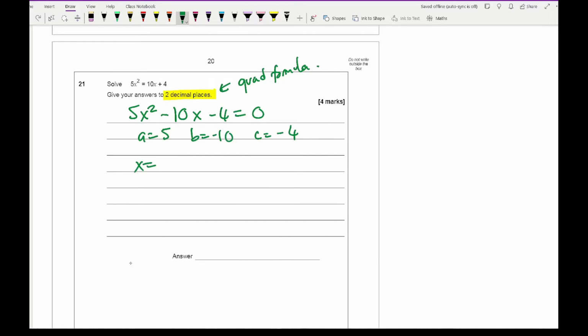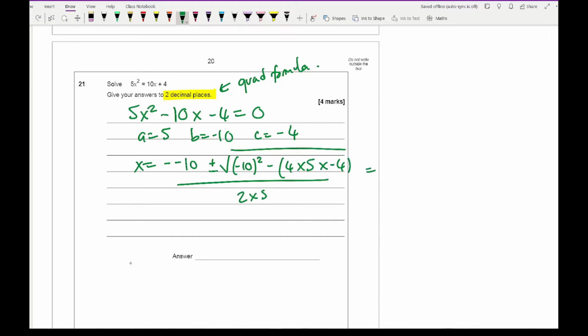So x is going to equal, and then substitute it in, I get minus minus 10 plus minus the square root of minus 10 squared minus 4 times 5 times minus 4, all over 2 times 5. Now personally I would simplify that first. So here we've got 2 minuses make a plus, so that's 10, plus minus, and I've got 100 minus 4 times 5, which is 20, times minus 4 is minus 80, over 2 times 5, which is 10.